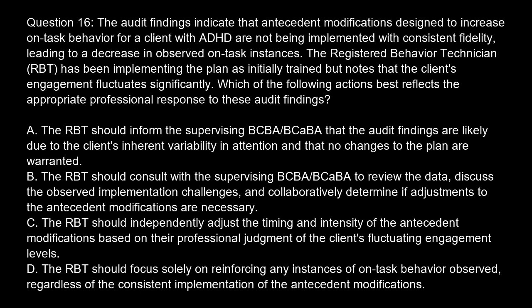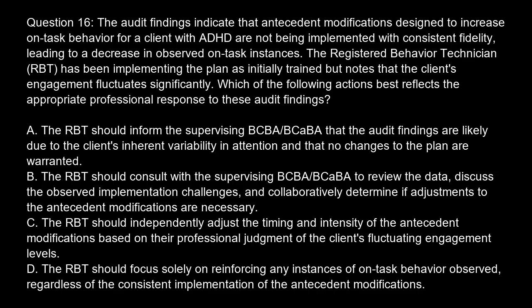Option A. The RBT should inform the supervising BCBA/BCA that the audit findings are likely due to the client's inherent variability in attention and that no changes to the plan are warranted. Option B. The RBT should consult with the supervising BCBA/BCA to review the data, discuss the observed implementation challenges, and collaboratively determine if adjustments to the antecedent modifications are necessary.